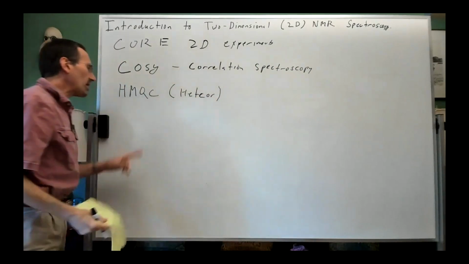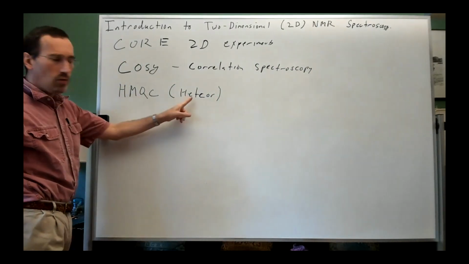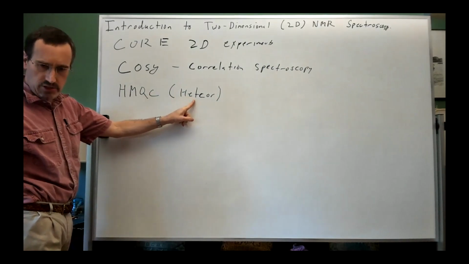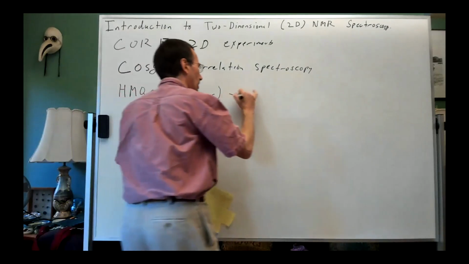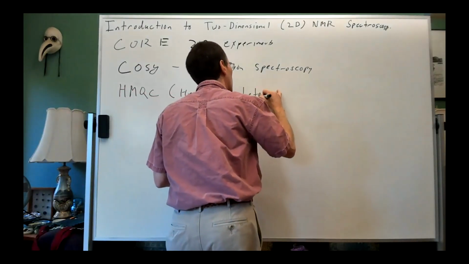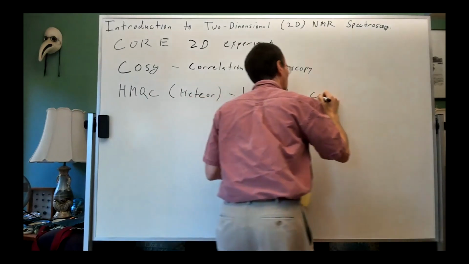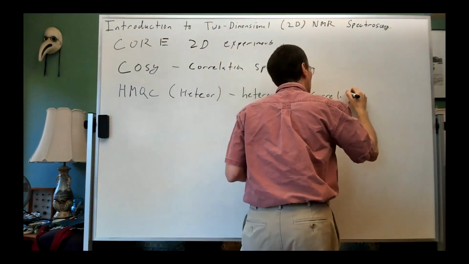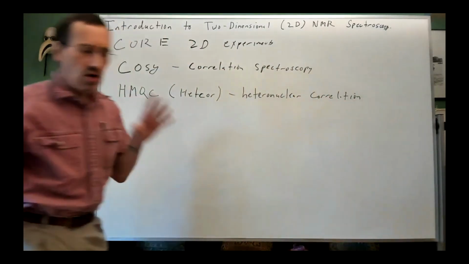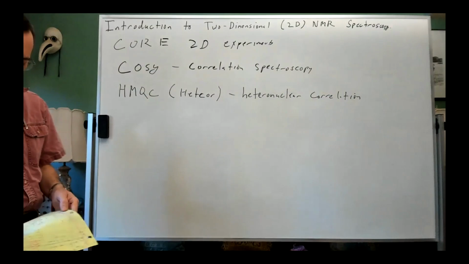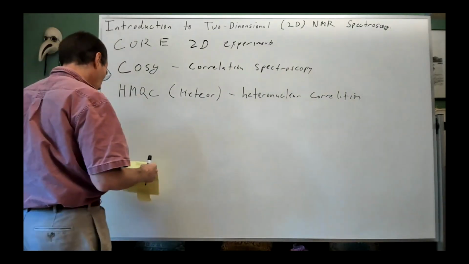They differ in whether you're observing in the proton dimension or in the C13 dimension. Both of them are heteronuclear correlation, typically linking carbons to hydrogens, and we'll see examples of that later on in today's lecture.